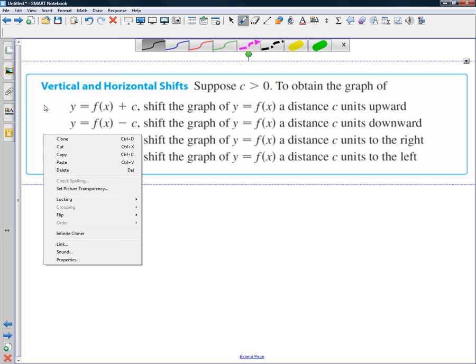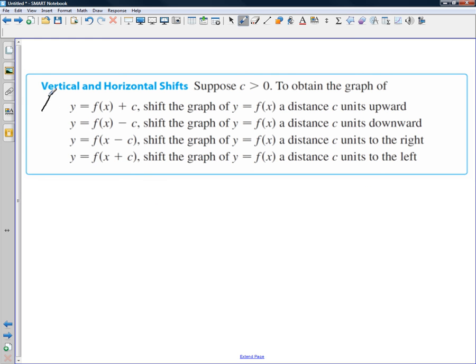So vertically we're talking about movements up or down, right? Whereas horizontal, we're talking about movements to the left or to the right. So consider the table. Consider and read this table carefully.